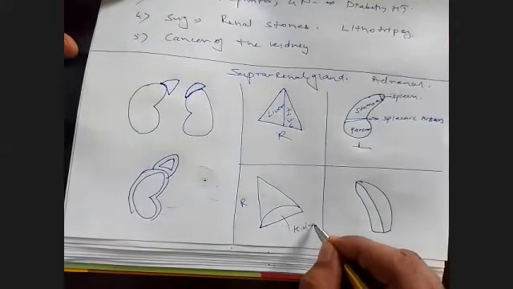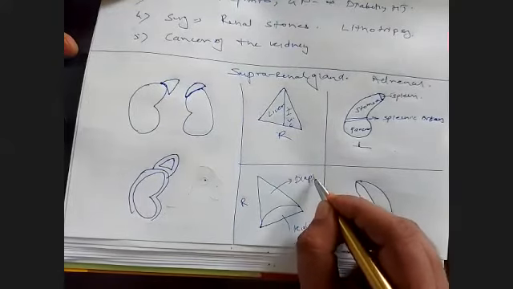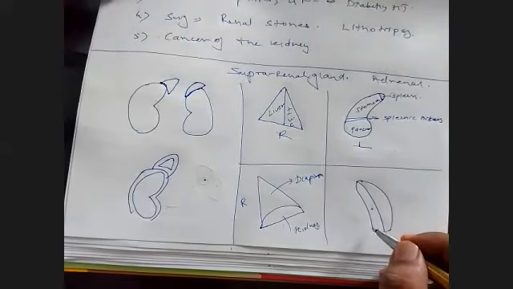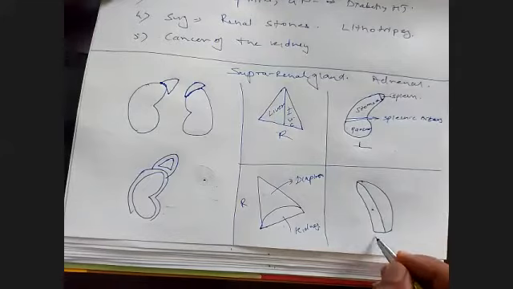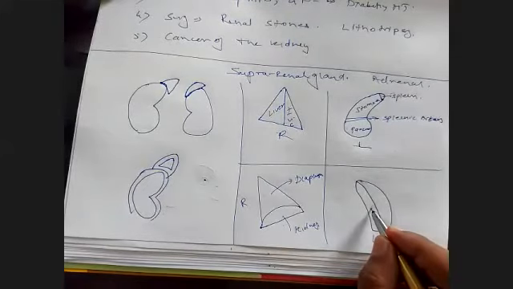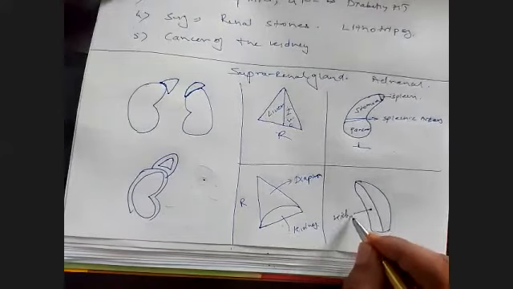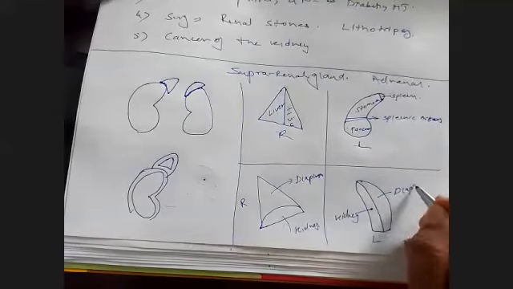The base will always be related to the kidney, and this area is related to diaphragm. Now consider the left suprarenal. This area will be related to the kidney, and this part will be related to diaphragm.